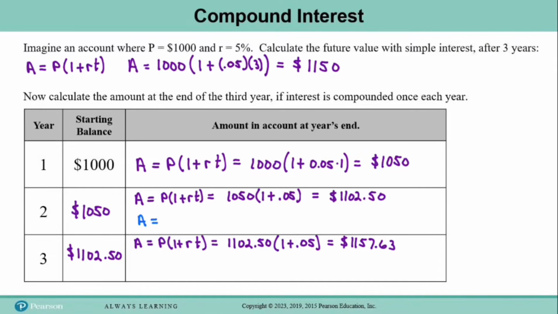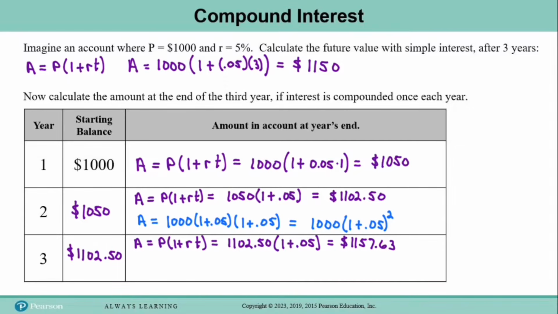So the amount in the account is equal to not 1,050, but 1,000 times this parentheses, okay? And then I multiplied by another 1 plus 0.05. So now I have two factors that are 1 plus 0.05.